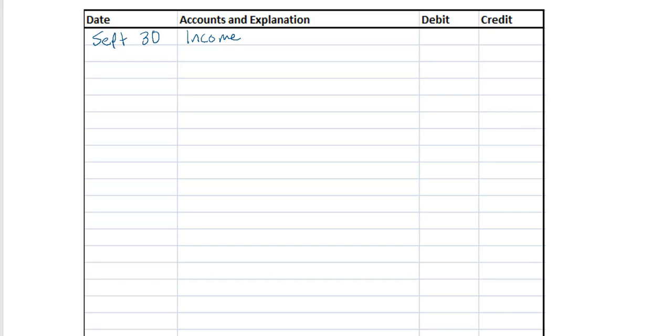We're going to go straight down the list. So we're going to debit income summary for $10,000, and we will be crediting salary expense for the same amount.